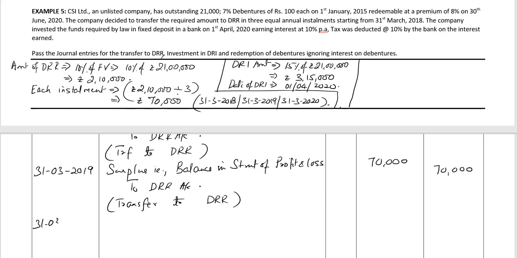The last installment, 31st March 2020, surplus, that is balance in statement of profit and loss, to debenture redemption reserve account.